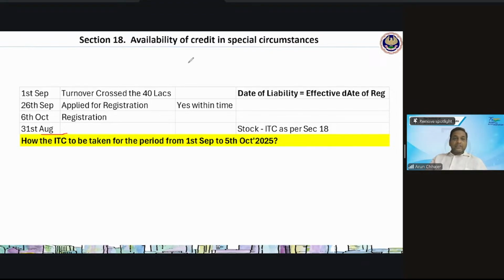Correct? And your turnover crosses the threshold limit, so whatever sales you make from 1st September to 6th October, will you collect the tax or not? The answer is yes, I will collect the tax.